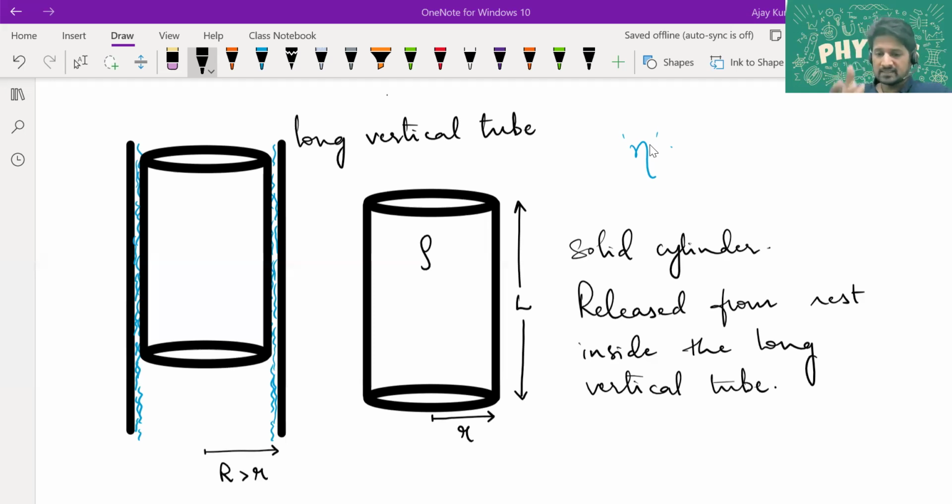Now, as this cylinder starts moving down due to gravity, the cylinder will drag the first layer of oil along with it. Boundary layer condition. The curved surface of the cylinder will be in contact with oil, no? So when the cylinder goes down, that first layer of oil will also have to go down with it.